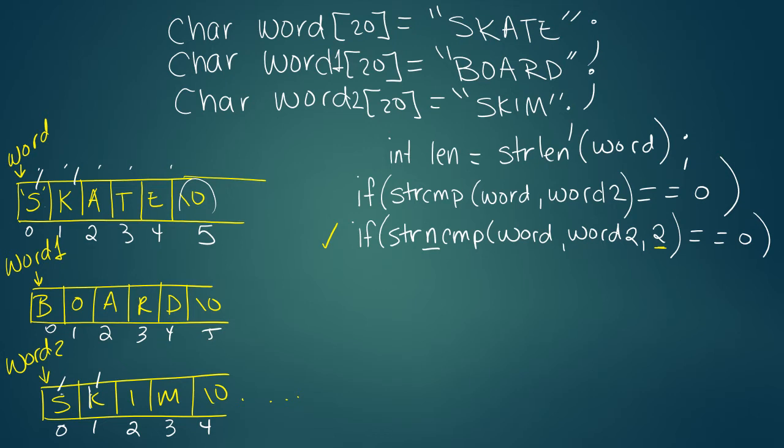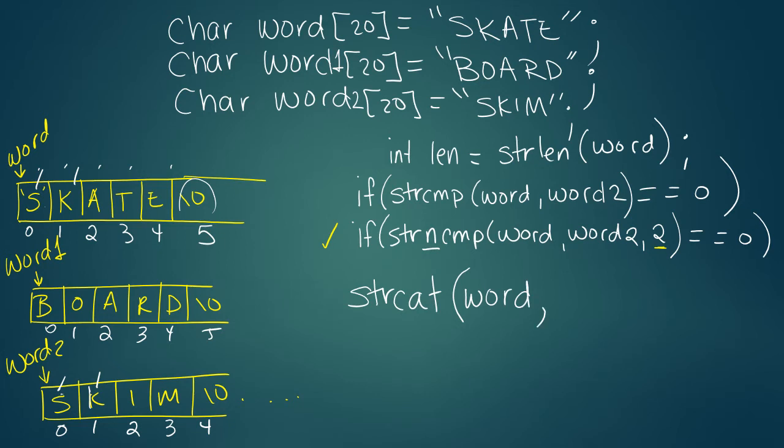All right, now let's talk about string cat. So I can go strcat. This will append one string onto another. So the first argument is the destination. So I want to append onto the word skate, which the character array is called word.